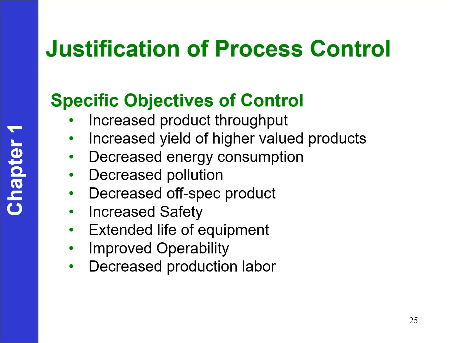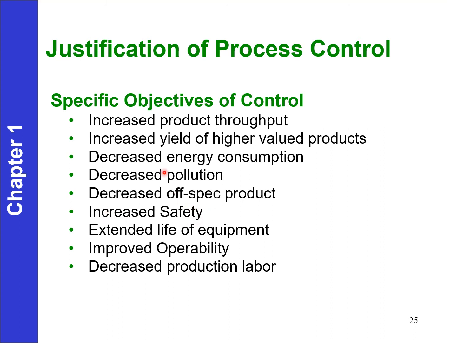And then we come to the justification for why we do process control. Okay, so there's 1, 2, 3, 4, 5, 6, 7, 8, 9. In general, there are nine objectives of control, but the first thing is that it's all about safety. So we want to enhance process safety.